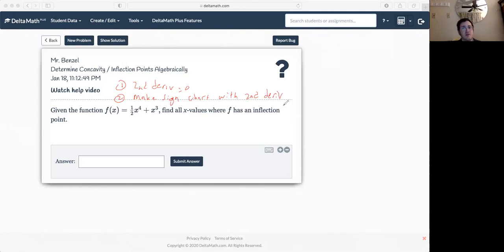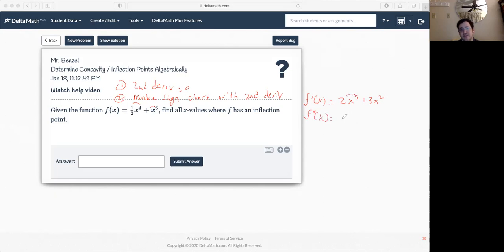So what I would do here is take the first derivative first. So I have 4 times 1/2, which is equal to 2x cubed, and then I have 3x squared. And then I'm just going to take the second derivative now.